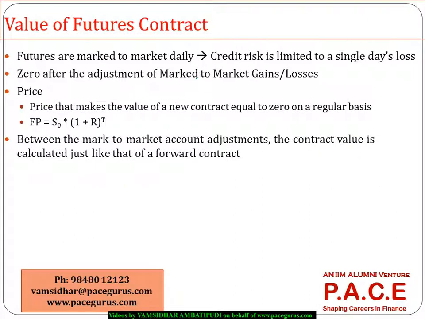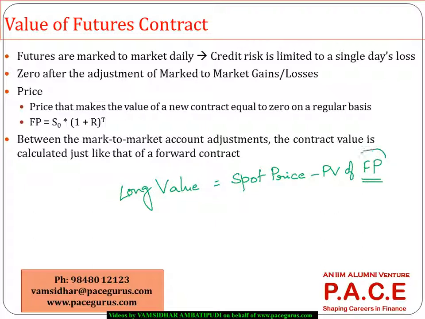Then, when we are talking about the value of the futures contract: in the forward contract, if we remember, when we were talking about the value, we were talking about the spot price minus the present value of the forward price. This was the typical definition we gave to the value for the long position. Now, if I apply the same concept to futures, this forward price is, in this case, the futures price.